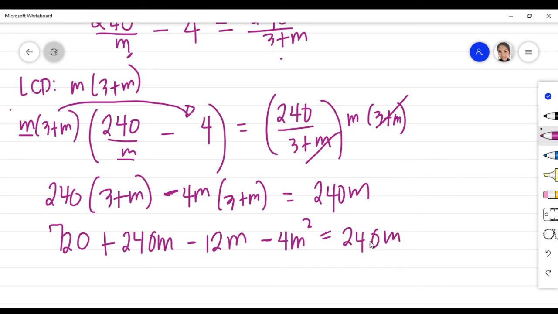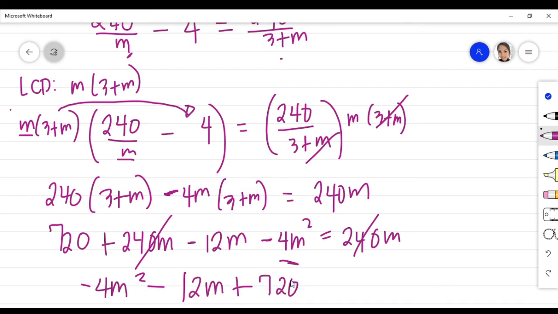If we transfer 240m beside 240m here, it becomes subtraction of the terms, so we can cross that out. So we have 720 minus 12m minus 4m squared. Let's place negative 4m squared first to arrange it: negative 4m squared minus 12m plus 720 equals 0.